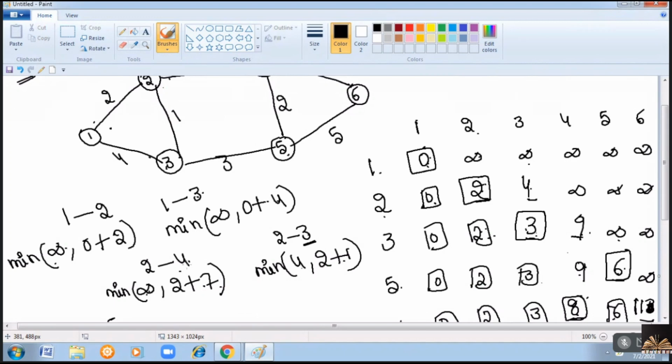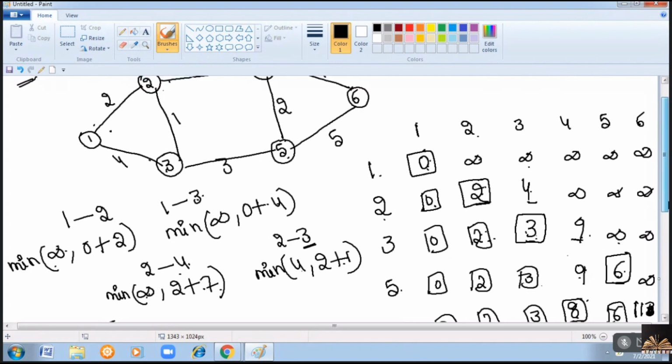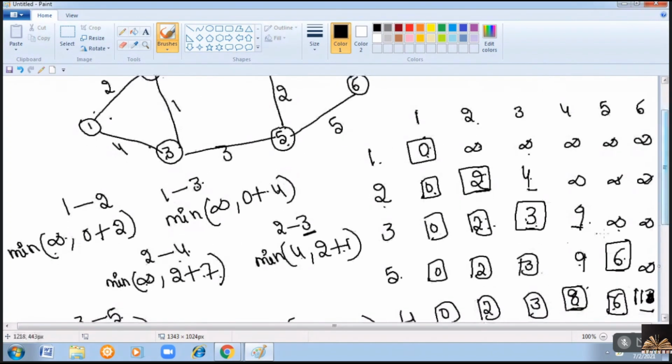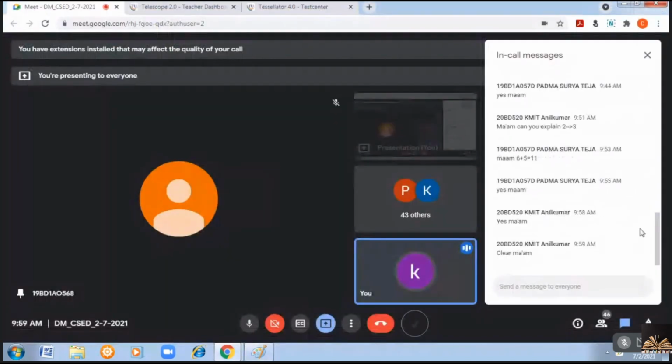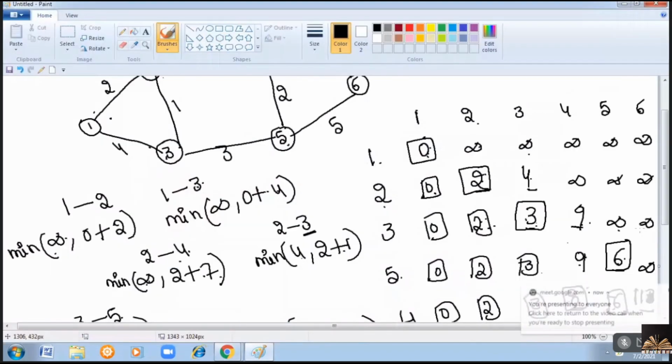Similarly 2 to 4. 4 destination value is infinity, and marked value is 2 plus edge cost of 2 to 4 is 7. So infinity comma 9 is minimum is 9. So 3 comma 9, remaining will be infinities. Is it clear? Finished, ma'am? Shall I erase it?